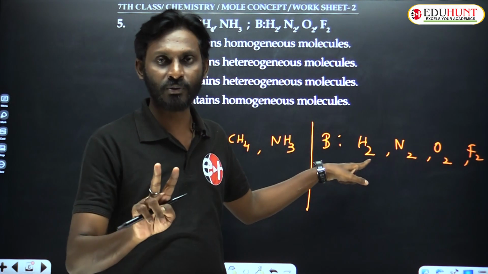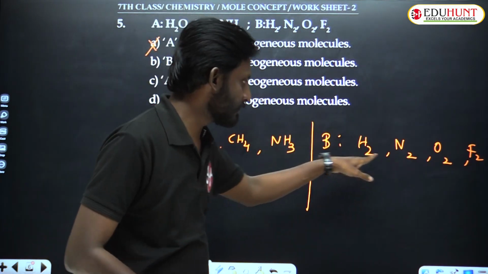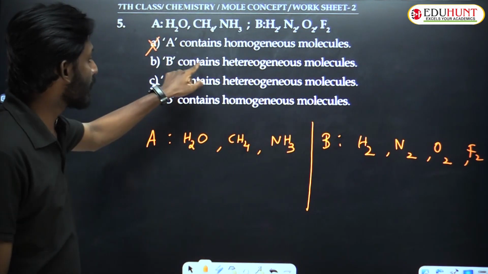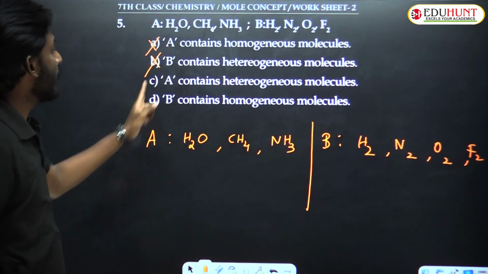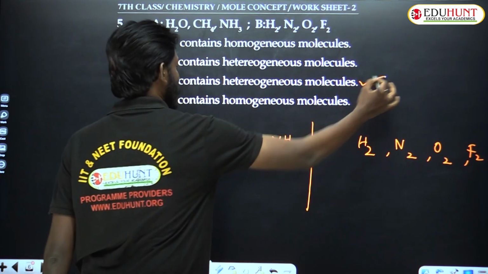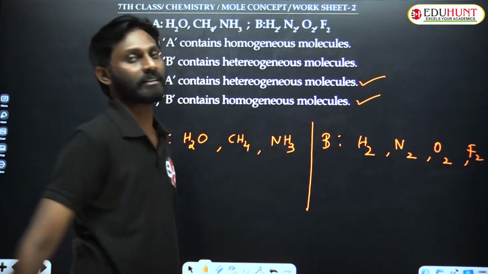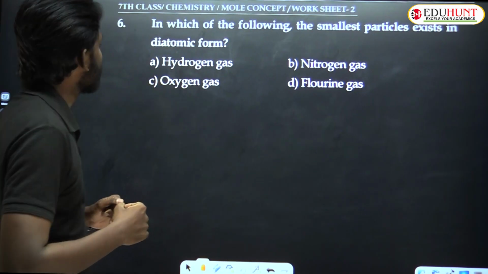Here the H2 molecule is made up of the same atoms, so actually these are homogeneous molecules, and the option saying that B contains heterogeneous molecules is also wrong. A contains heterogeneous molecules, yes. B contains homogeneous molecules, yes. Both the options are correct. Next, question number 6.